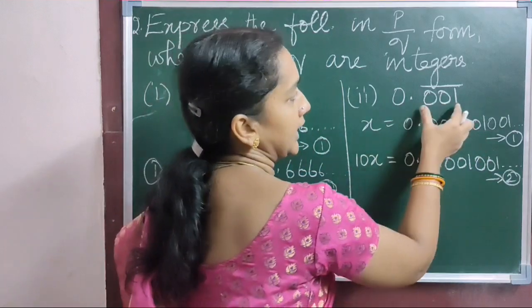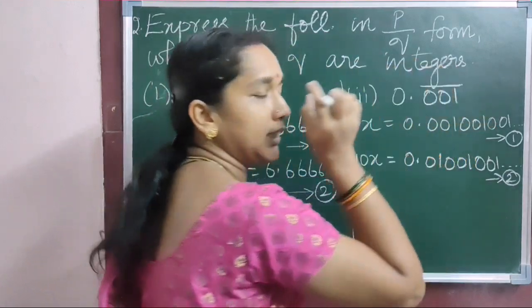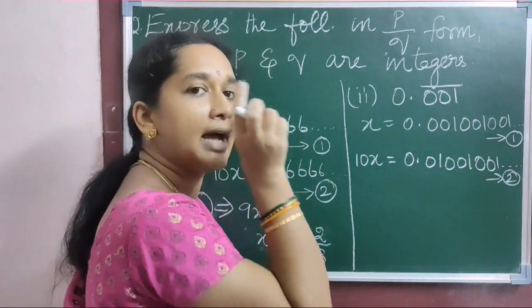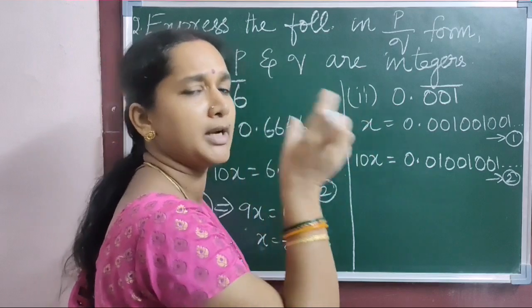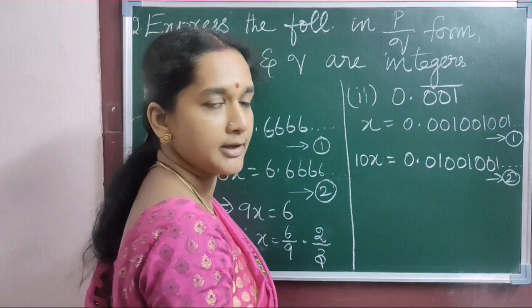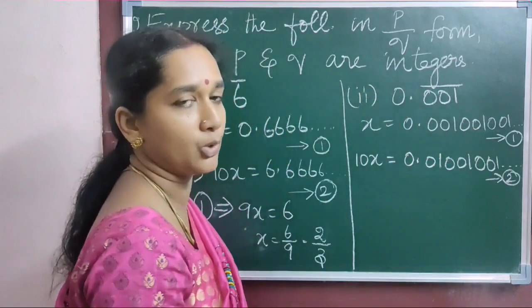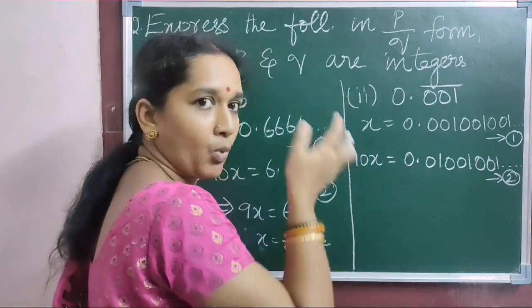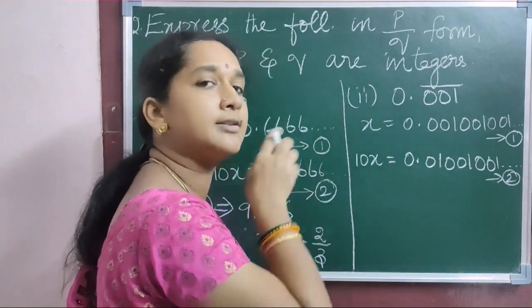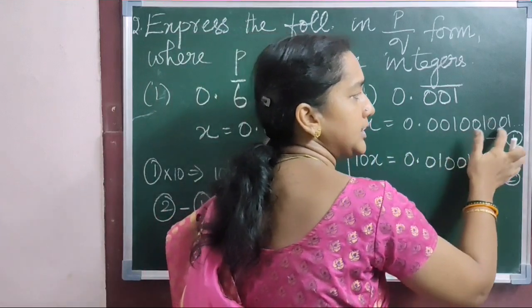Here 3 decimal places are there below the bar, so that many zeros have to be multiplied. That means that many tens have to be multiplied so that this becomes the same as your x value. Whatever is the question, that is your x value, that is x is equal to 0.001, 001.